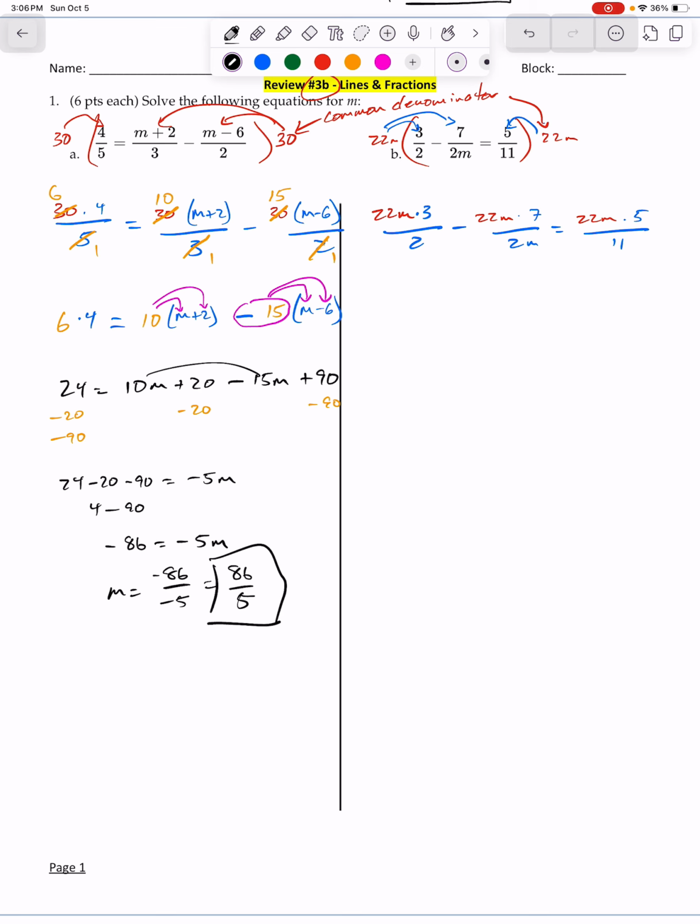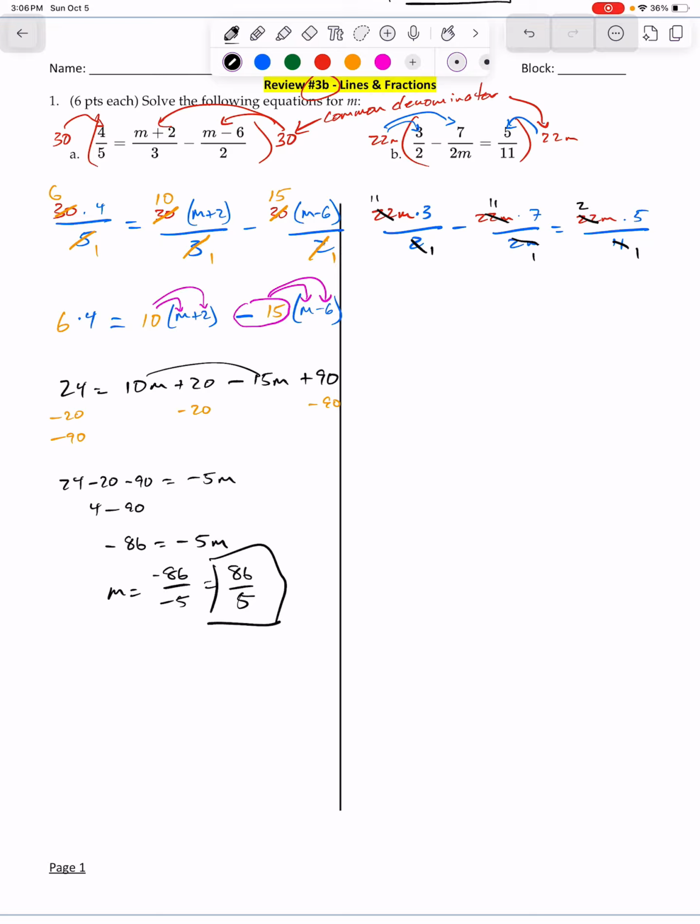And now I can cancel something out. 2 goes into 22 11 times, goes into itself once. 2m goes into itself once, goes into that 11 times. And 11 goes into itself once and goes into 22 2 times.